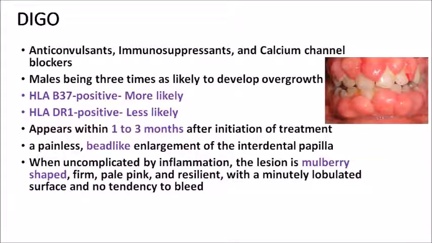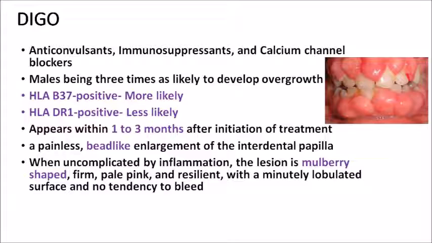The second class is drug-induced gingival overgrowth, or DIGO. Drug-induced gingival overgrowth can be produced primarily by three classes of drugs: anticonvulsants, immunosuppressants, and calcium channel blockers. About DIGO, males are 3 times more likely to develop this type of overgrowth, so there is a male predominance. Another genetic predisposition is HLA-B37 positive individuals are more likely to get this type of enlargement.